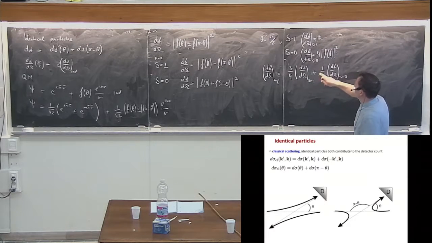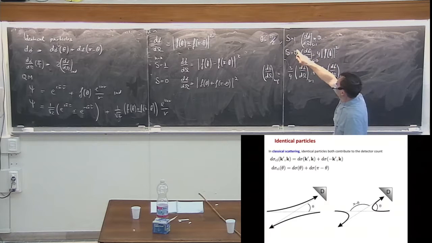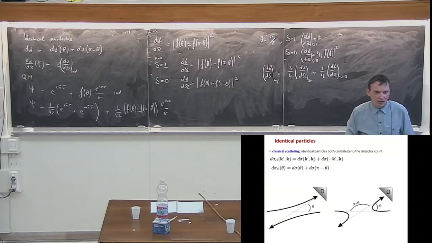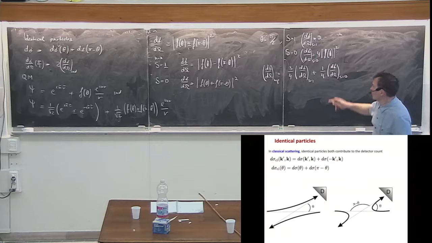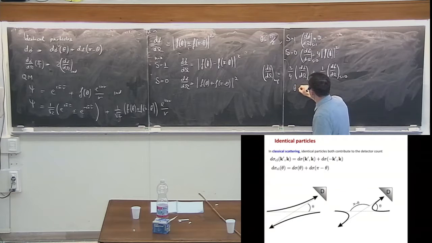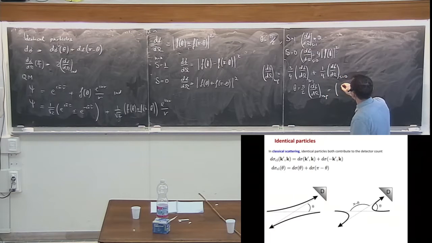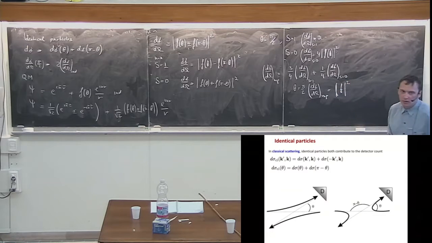And of course for 90 degrees, this one is 0, so the 3/4 one is 0, and this 4 cancels out, so I'm actually going to get 1. So for theta equals pi over 2, d sigma over d omega unpolarized is just a magnitude of f squared.